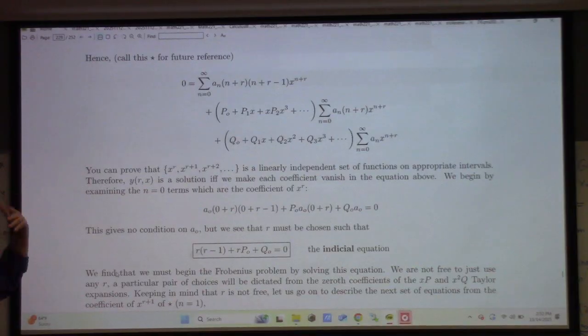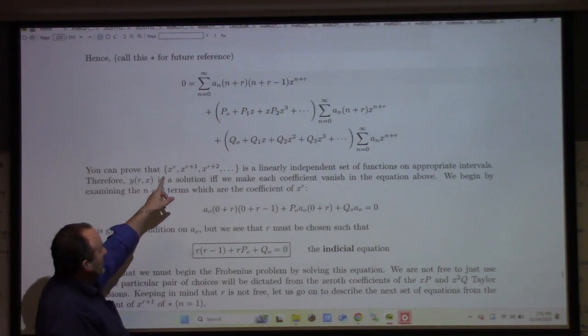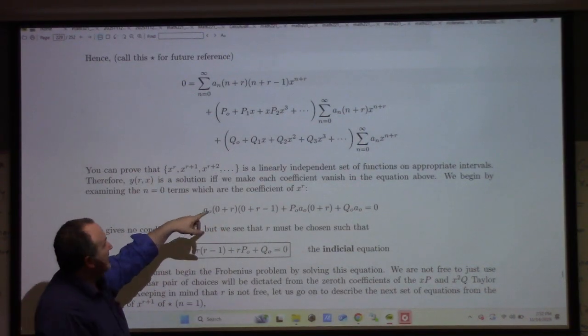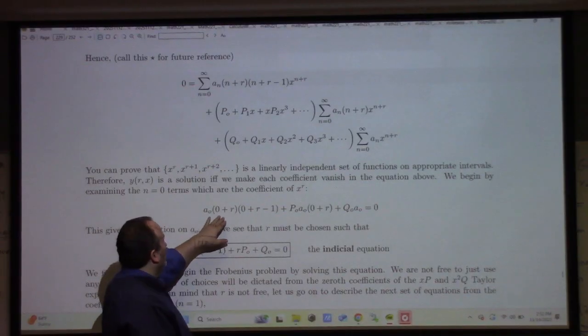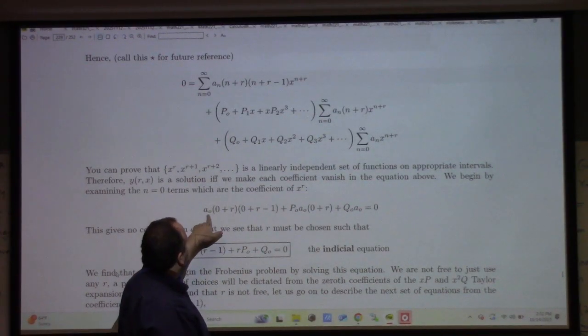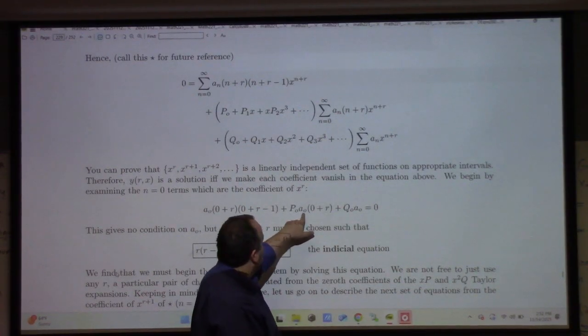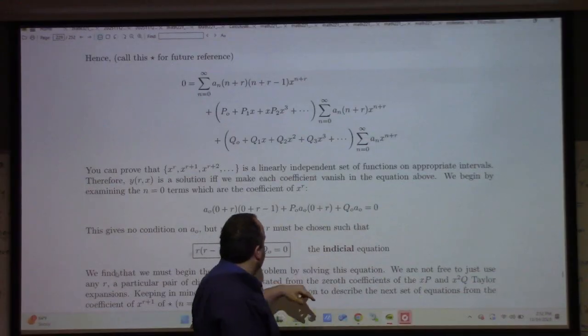And great. So you've got this sum of series. And the only way that can be equal to 0 is if every single component independently vanishes, right? And so if you look at that, n equals 0 gives us the lowest order terms. So n equals 0, which would be the coefficient of x to the r, I pick up a sub 0 times this, plus p sub 0, a sub 0 times that, plus that.